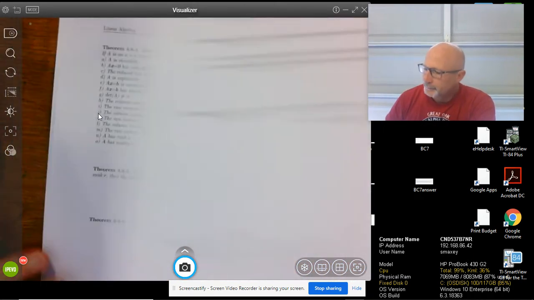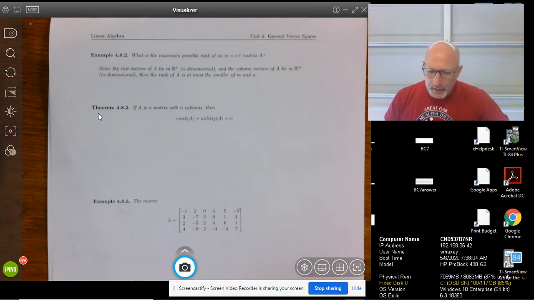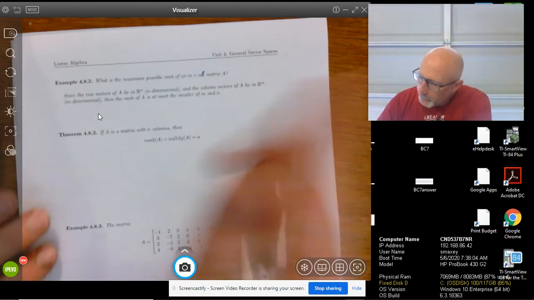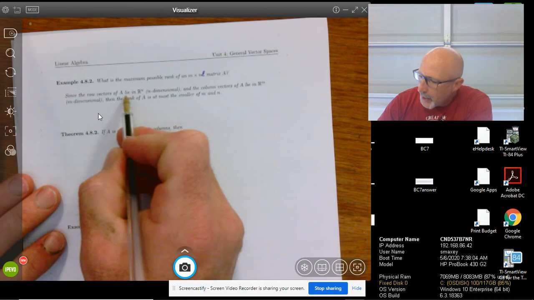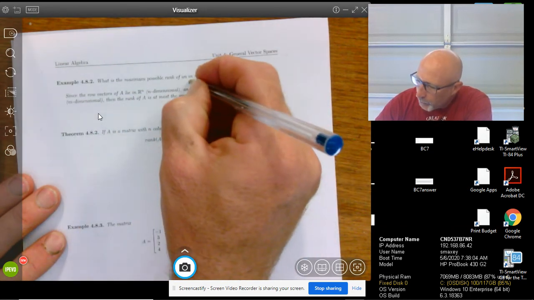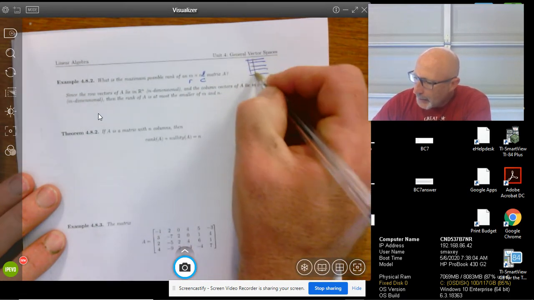Okay, next page. So what is the maximum possible rank of an m by n matrix A? Since the row vectors of A lie in Rn, it's a little confusing, because you're going to have m rows by n columns.